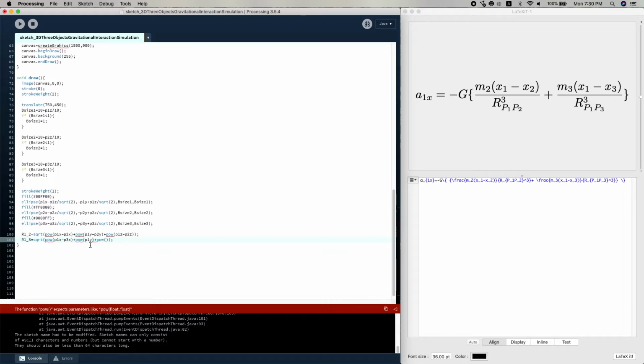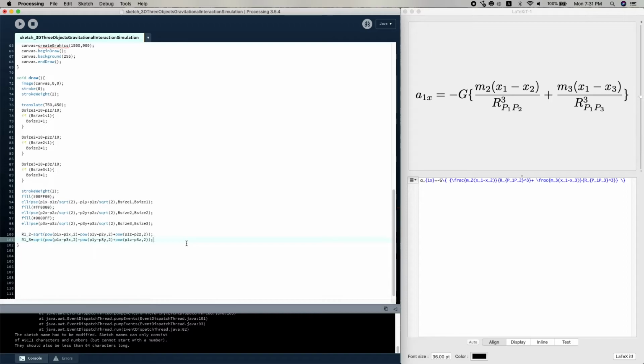Here it's going to be p1y minus p3y. And here it's going to be p1z minus p3z. And I forgot, we're going to need a comma 2 in all of the powers because we need some value that we're squaring these values by. So we're squaring p1z minus p2z by a power of 2. So we're going to need 2's all here.